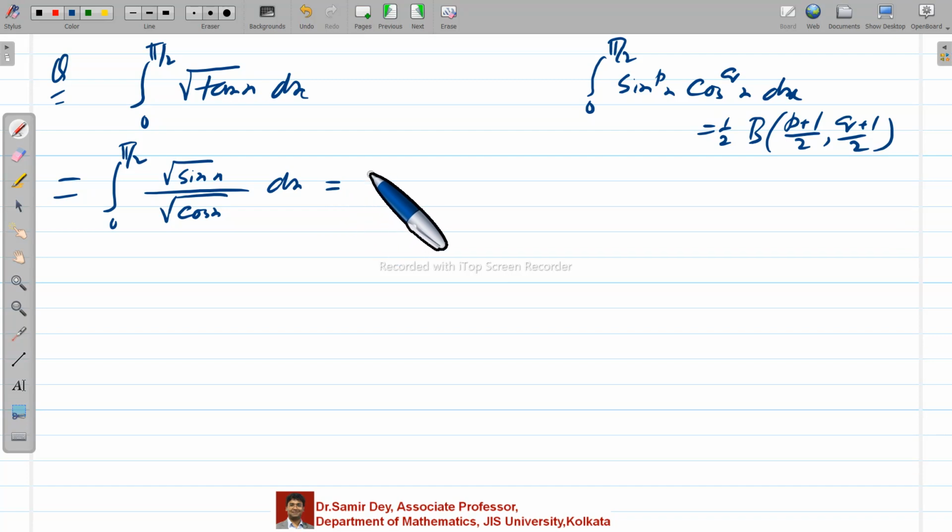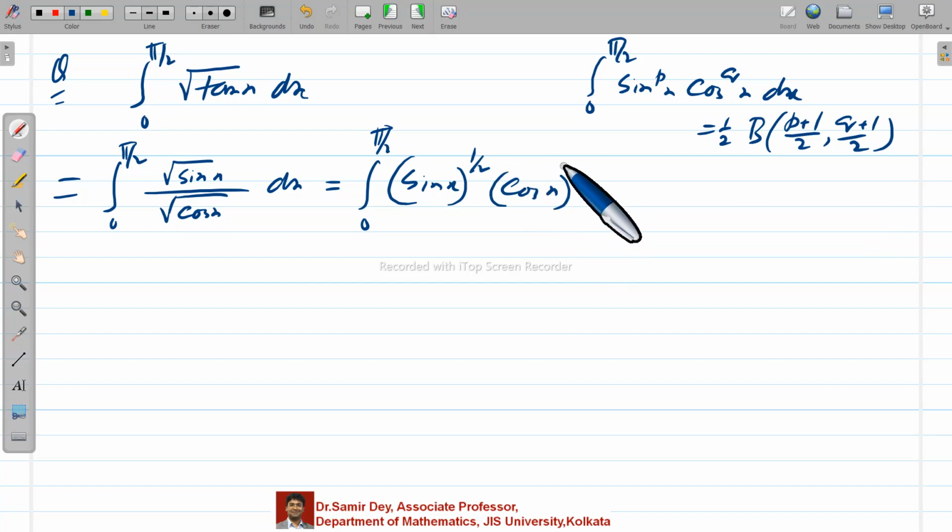From here you may write the integral from 0 to pi by 2 of sine x to the power half and cos x to the power minus half. Already you know, if you take it from the denominator to the numerator, it will be a minus power.